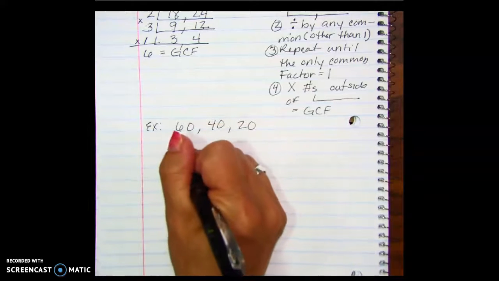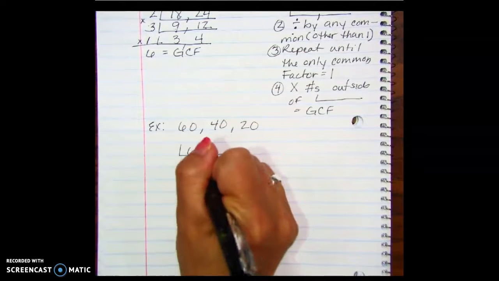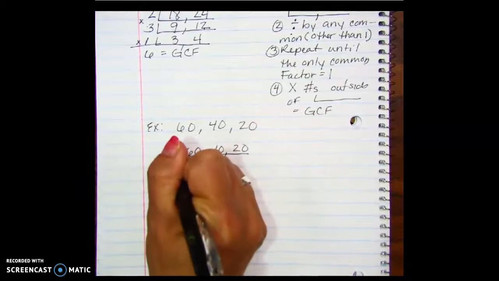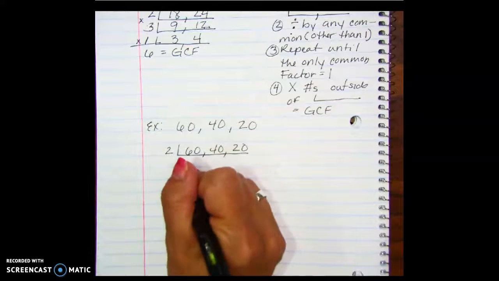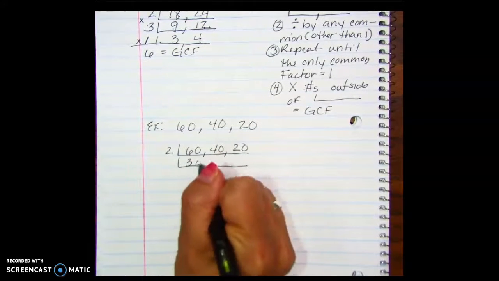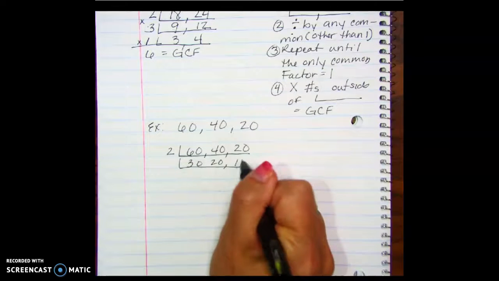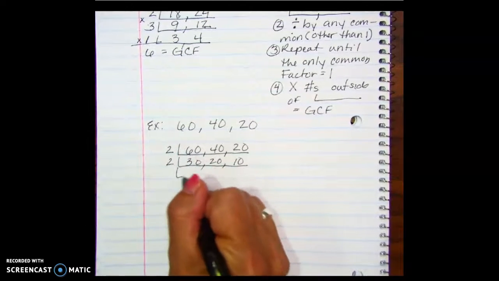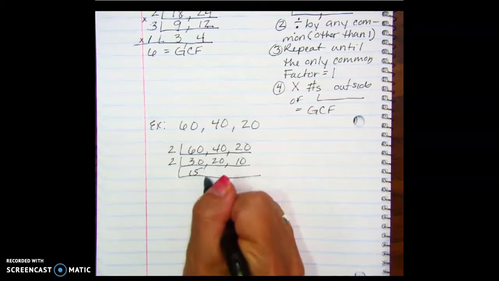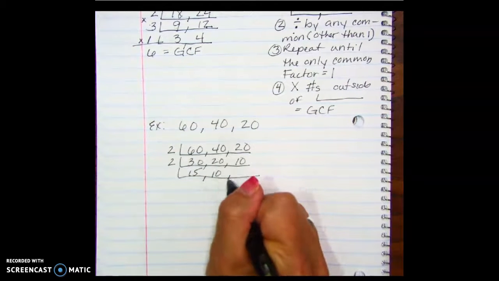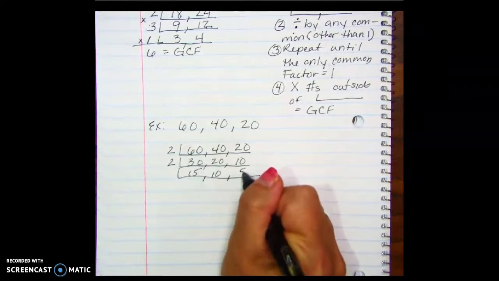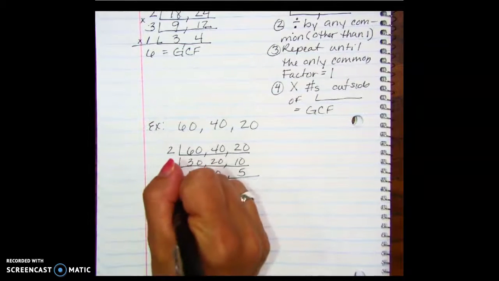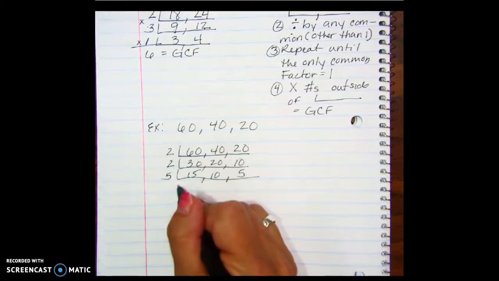But if not, step 1. Step 2, divide by a common factor. 30, 20, 10. Don't forget those commas. Divide by 2. 15, 10, 5. Ooh, these end in 5s and 0, so I know 5 goes into all of those.